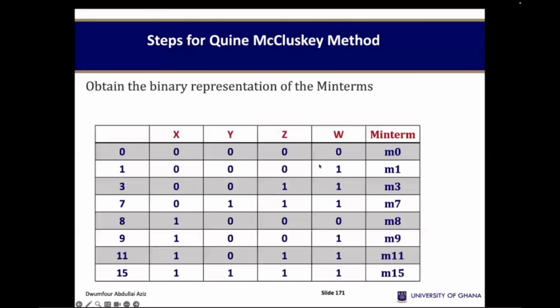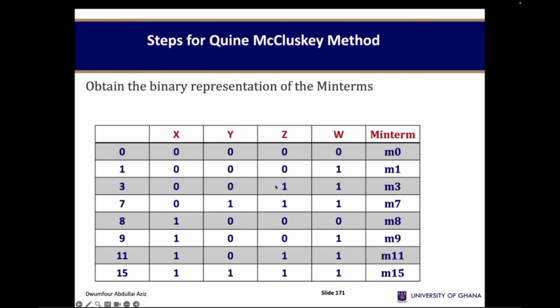We have 3. 3 in binary is 0, 0, 1, 1. We have 7. 7 in binary is 0, 1, 1, 1. We have 8, we have 9, and we have 11 and 15. So you see that with this first table, all we are doing is writing the given minterms in their binary representation.